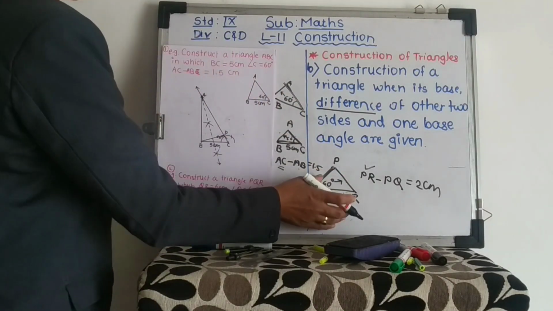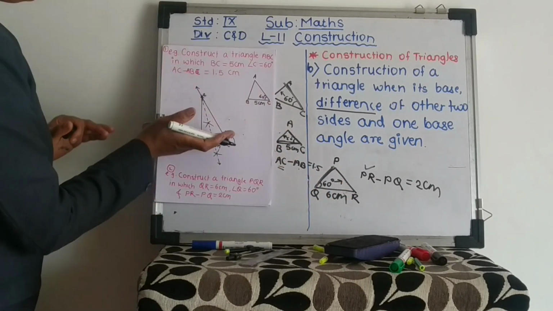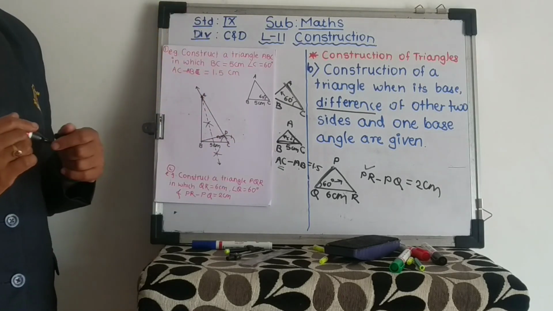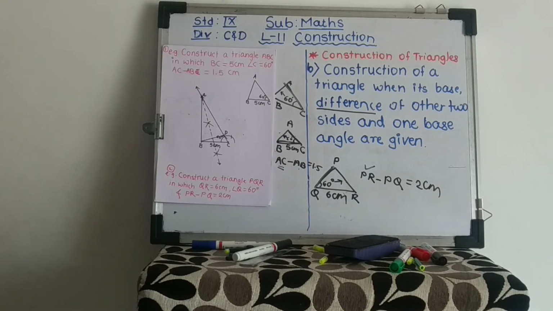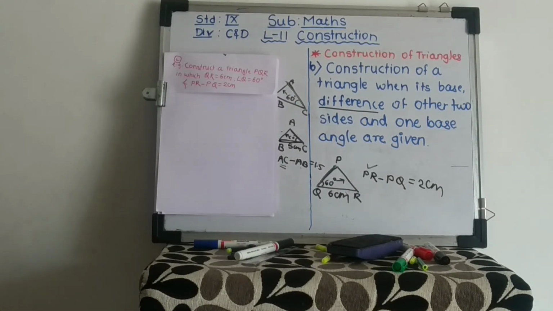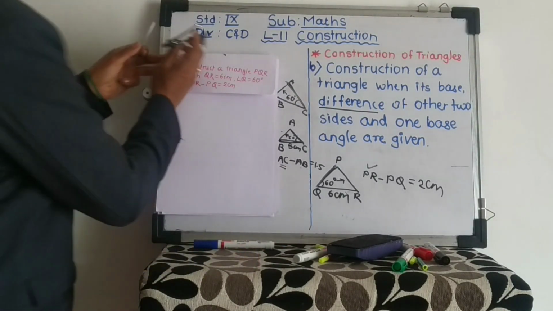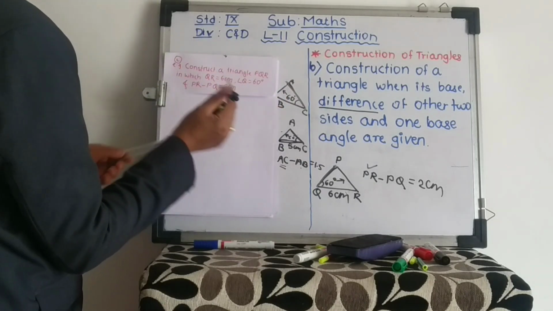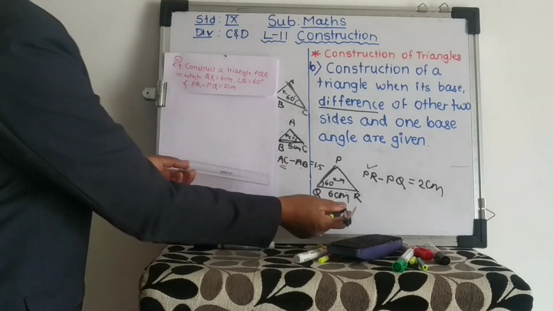So for this we are going to do the construction towards the downward side. Whatever construction we did on the upper side earlier, we will do here on the downward side. Let us see how to construct it. The construction changes slightly. I have kept the sum as it is. First we will draw the base, which is 6 centimeter.